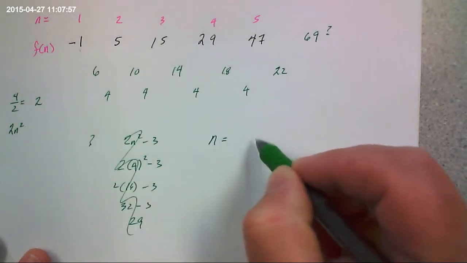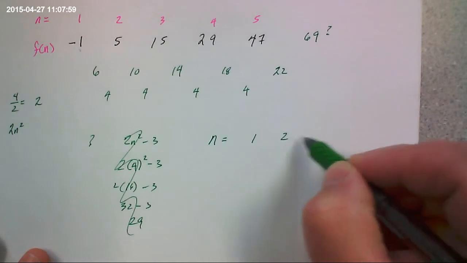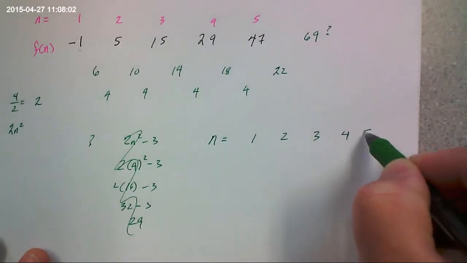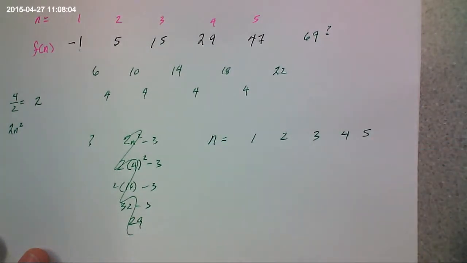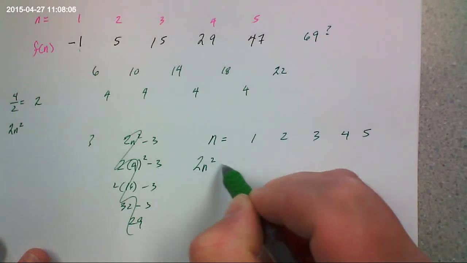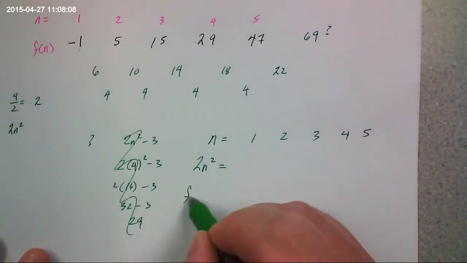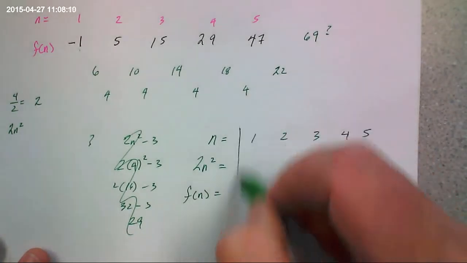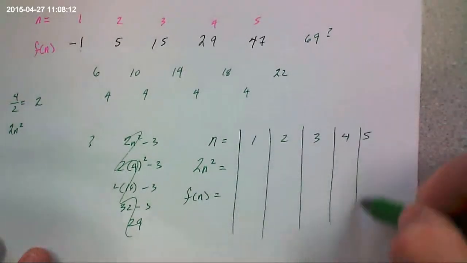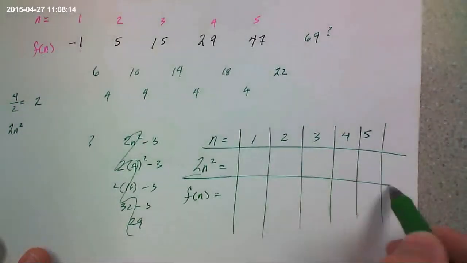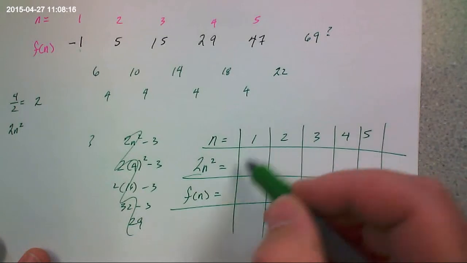So here's what you can do. Let's make a new table. That's n, we have 2n squared, and we also have our original function. I'm going to make a list of what we've been given.